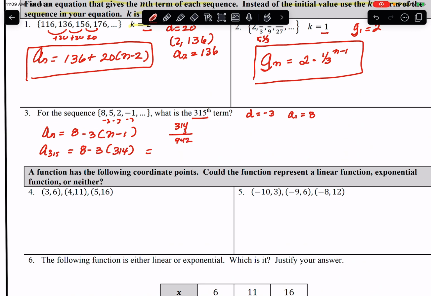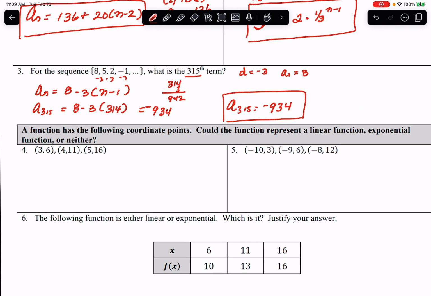And then take away 942 from 8, and you get -934. So a of 315 is -934. There we go.